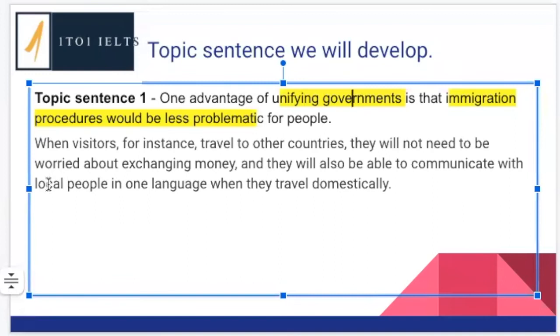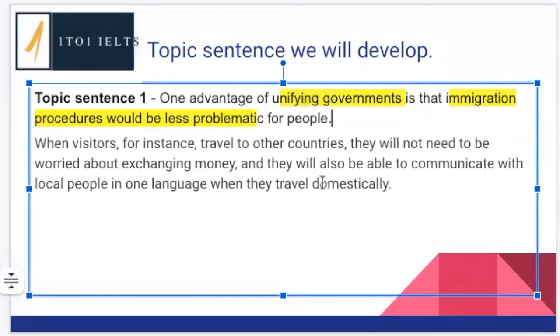If you think about the European Union, if you go from England to France to Spain, does everyone speak one language? Many languages, exactly. So the unification of the government isn't going to cause this. So we've got to be thinking specifically about the results of unifying governments and only focusing on immigration procedures. And at the moment, unfortunately, nothing here is dealing with immigration.